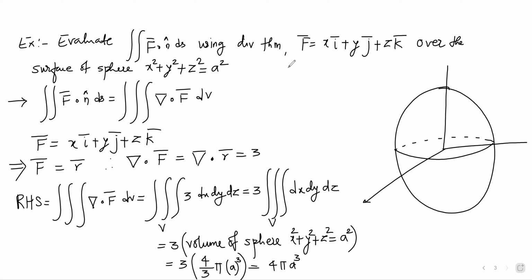So see, it's very simple. Now one can frame it like this also. I can write it as 2x i bar plus 2y j bar plus 2z k bar. What is this? Actually, it is 2r bar.